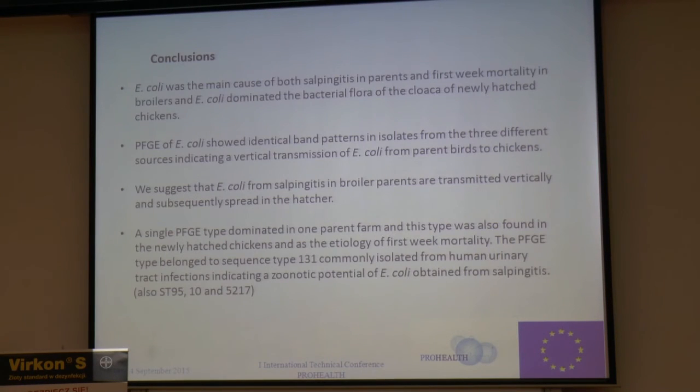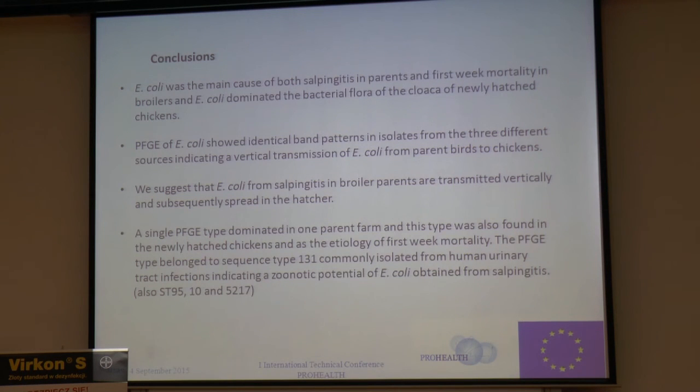So, what we are capable of saying at this moment is that E. coli is the main cause of both salpingitis in the parents and first-week mortality in broilers. And again, also that E. coli dominated the bacterial flora of newly hatched chickens. We also have these identical genomes which support, of course, that this is a vertical transmission going on.